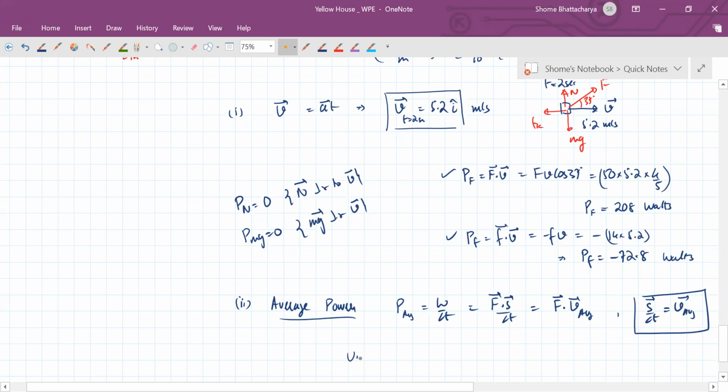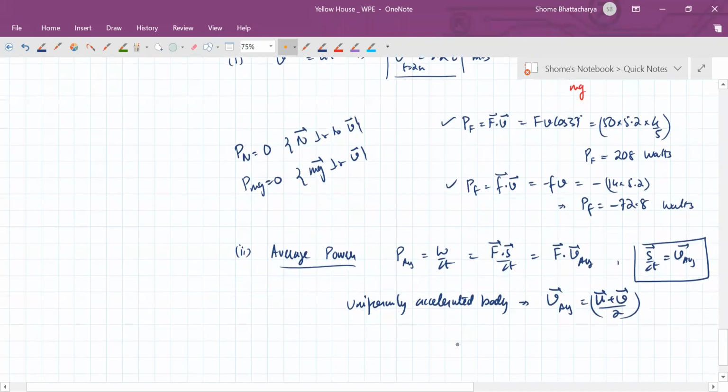Now this is a uniformly accelerated body, which means that the average velocity is this. Okay. And at t equal to 0, the initial velocity was 0.